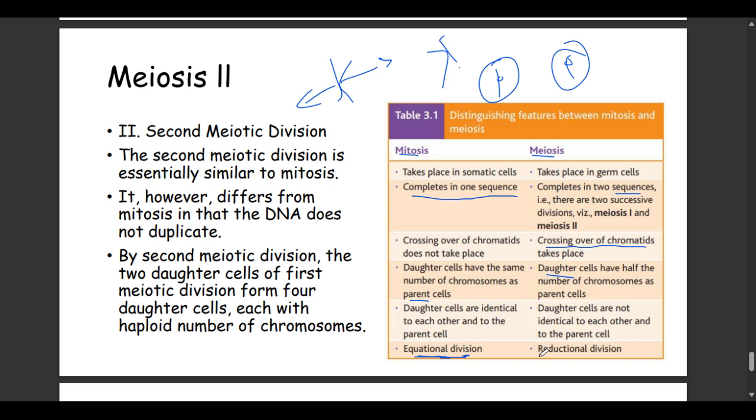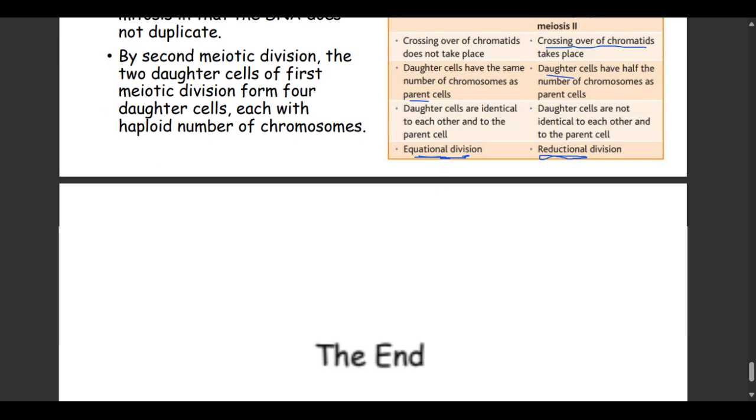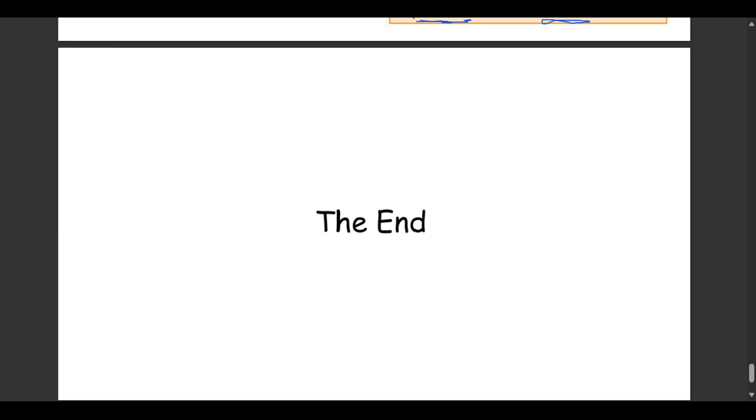But in meiosis, reduction division occurs whereby from diploid you have haploid daughter cells being produced. All right, and that is the end of this video on cell division, and mitosis and meiosis particularly.